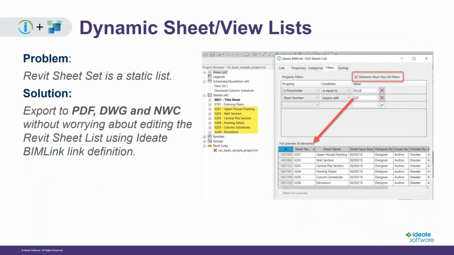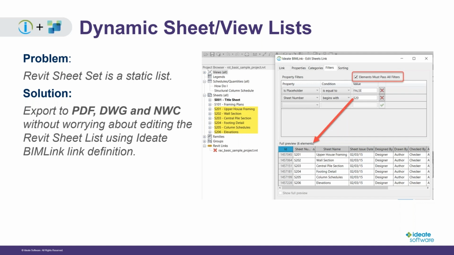The idea of dynamic, I talked briefly about it earlier. So dynamic sheet and view set lists. We understand in Revit, sheet sets are a static list. You have to have someone go into the model and make sure your sheet set is updated, either removing or adding views or sheets to them. But then we have the approach in which it utilizes BIMLink to define the sheet set on the fly, utilizing a parameter.